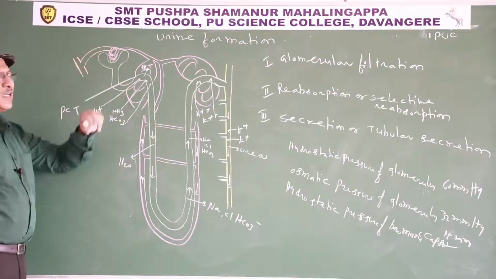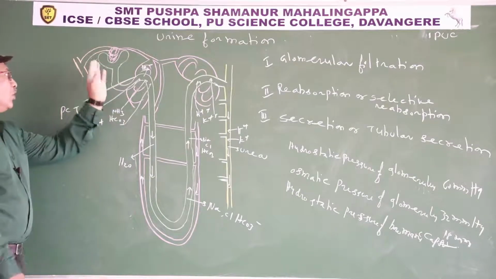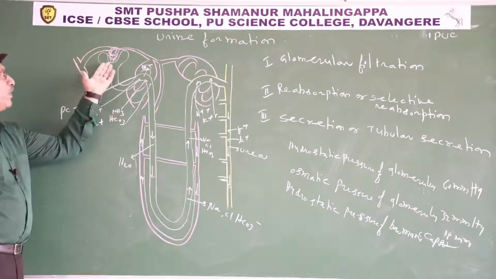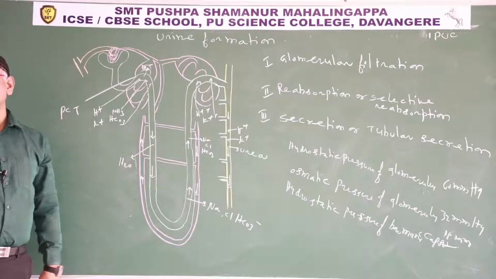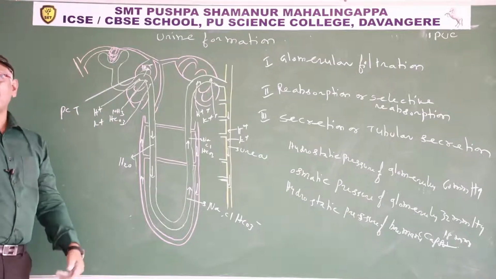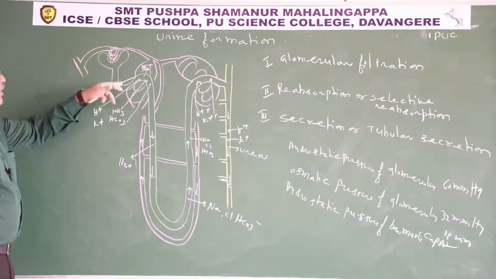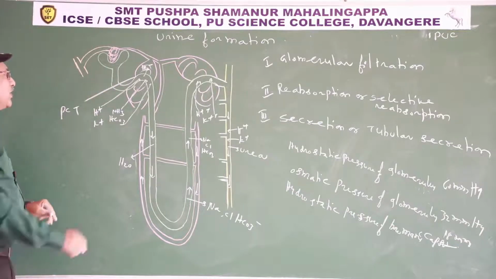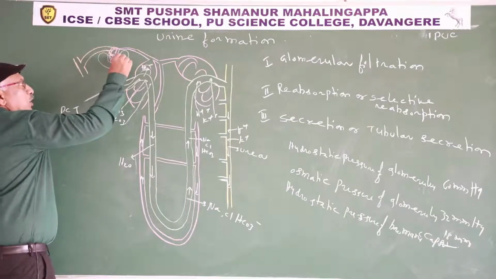Afferent arteriole is bigger than efferent arteriole. So more amount of blood enters into the glomerulus when compared to blood leaving from the glomerulus. It creates hydrostatic pressure, 60 mmHg. This pressure is opposed by two pressures.